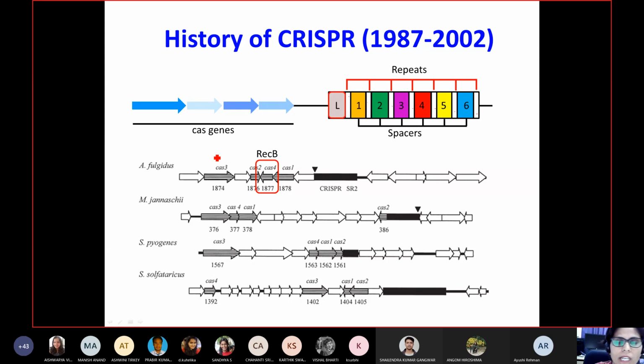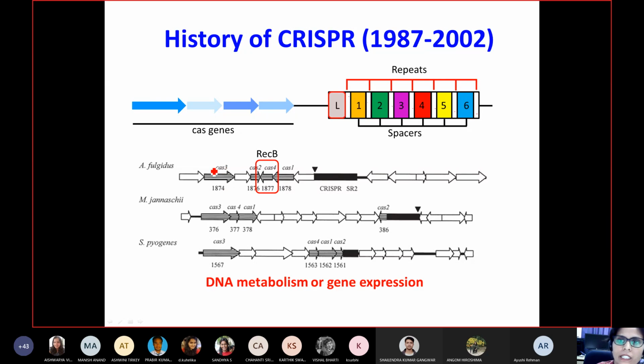Basically, they suggested that it is involved in some kind of DNA metabolism or gene expression system. So these were the first observations, from 1987 to 2002.